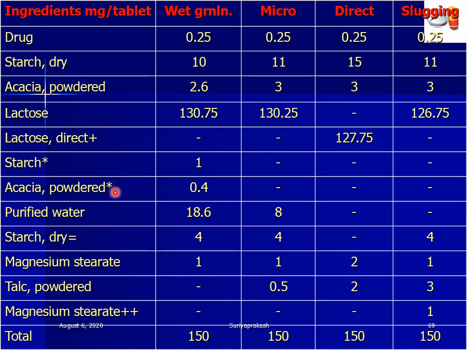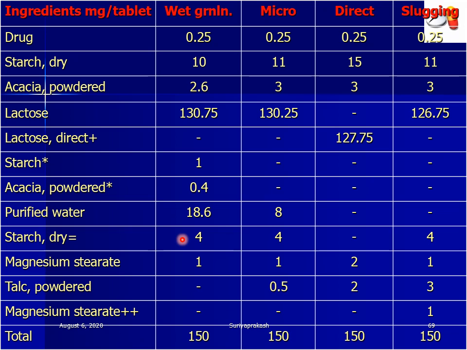Starch, acacia powder, purified water, dry starch, magnesium stearate. Total weight 150. Once again I will tell you, the tablet weight is 150 milligram. It contains 0.25 milligram of the drug, right? Here dry starch, and again here starch is used, and again here dry starch.